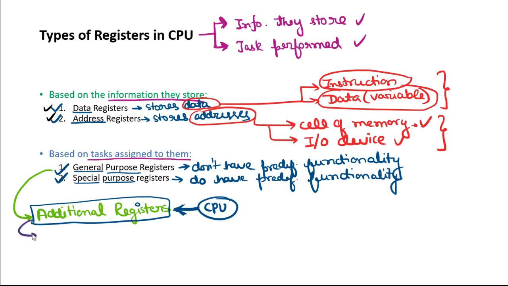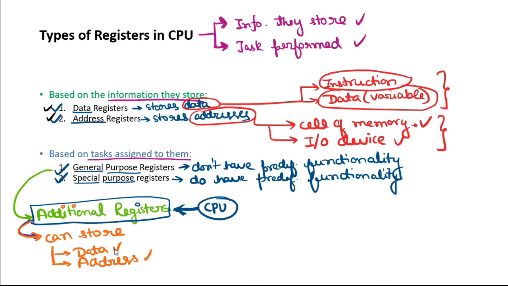Therefore, additional registers can store both data as well as addresses, right?